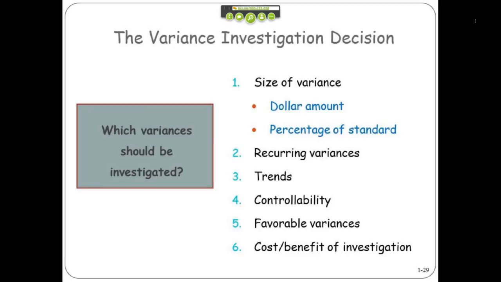The bigger the problem, the more likely it is that you should investigate it. If it's happening over and over and over again, that means you're doing something wrong in your budgeting, if nothing else. If there's a trend, you see it getting worse and worse over time in an obvious direction, so maybe you can get it before it becomes seriously bad.